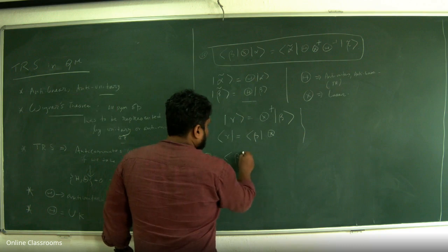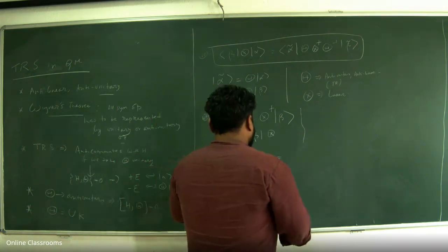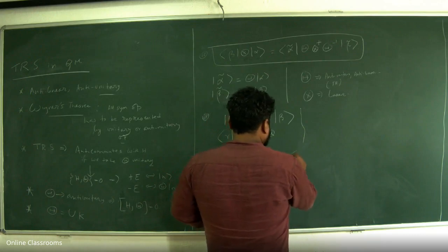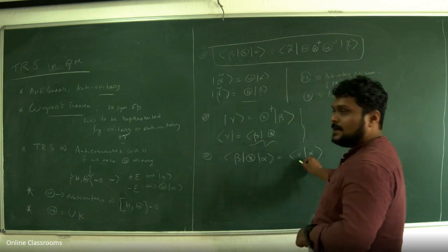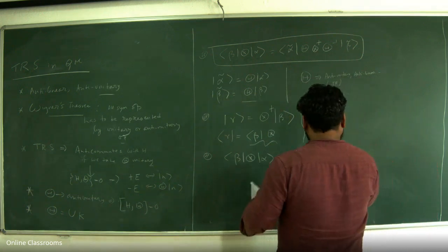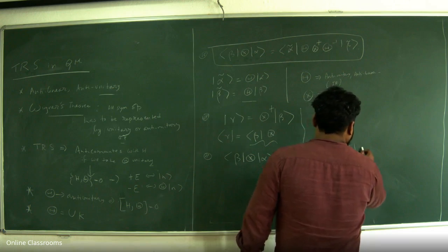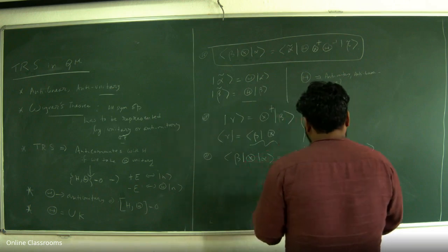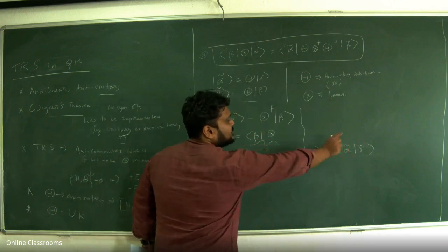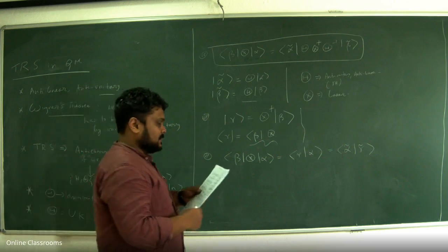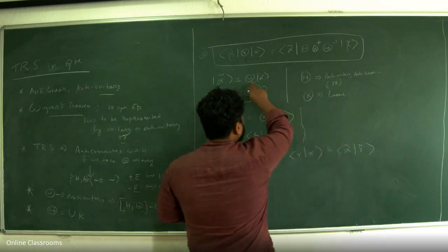So I start with beta alpha, and that is nothing but gamma alpha, because this thing is nothing but gamma, and this is same as alpha gamma. Okay, notice that I have flipped this, so that flip means there is already a conjugate. And whenever I put tilde, it means it's a time reverse partner.